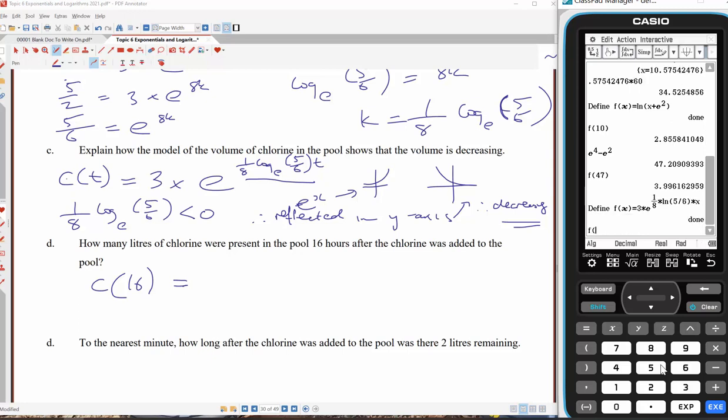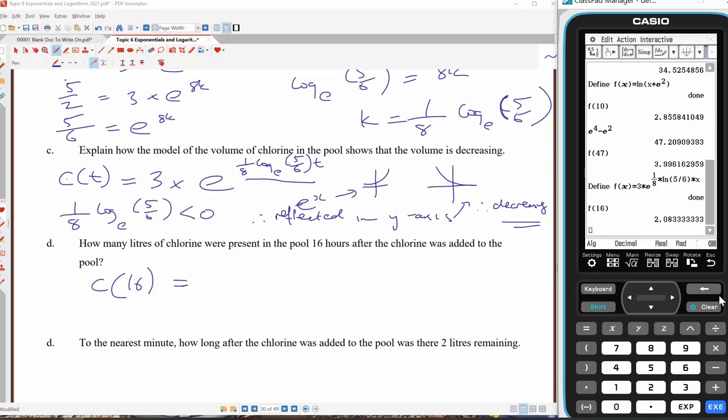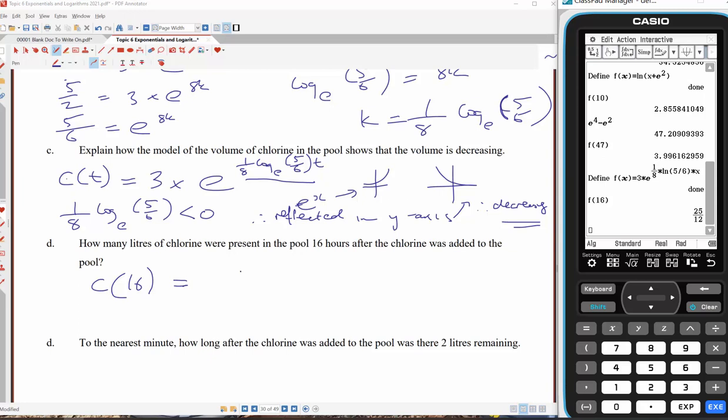So f of 16 is 25 on 12 litres. Now why did that work out?